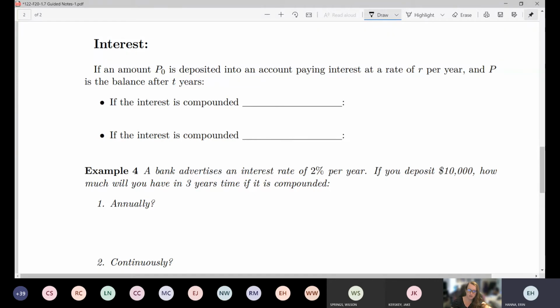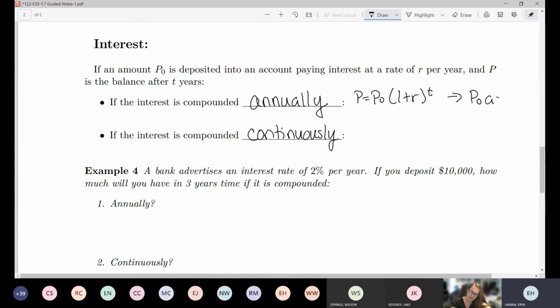We can talk about if the interest is compounded annually. And we can talk about if the interest is compounded continuously. Here are the 2 forms. For annually, we have P naught times 1 plus R to the T, which should look very suspiciously like an A to the T, since A is equal to 1 plus R, which is not a coincidence.